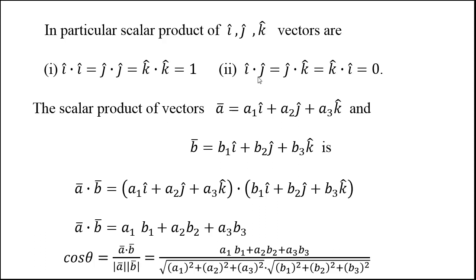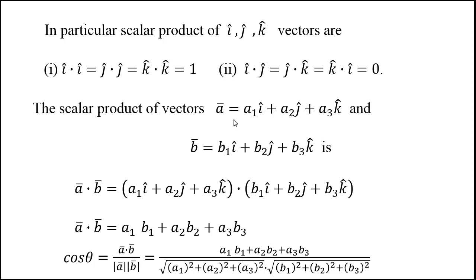So 1 into 0 is equal to 0. j dot k is also 0. k dot i is also 0. So of these three unit vectors i, j, k, if we take dot product with itself, it is 1, and if we take dot product with any other vector, that is 0.